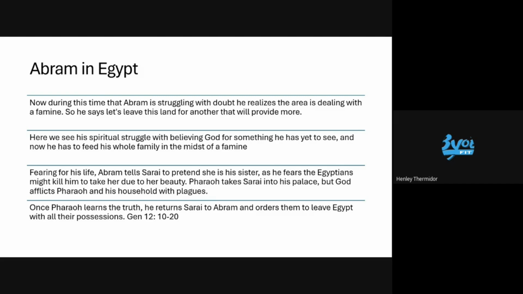He has a dream from God that tells him he's being afflicted because of Sarah. Once Pharaoh learns the truth, he takes Sarah and takes her to Abram. He says, "Listen, take your woman. I don't want any stress, any problems with you or your God. Take everything that you have, everything I gave you as a gift, keep it. Just take them and leave."